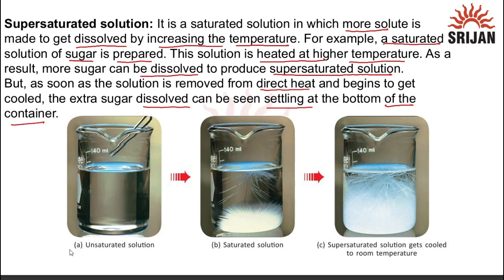You can see here the first example is of unsaturated solution in which the amount of solvent is more than the solute. Hence, we can see there are no solid solute particles visible. In saturated solution, at a given temperature, we dissolve the highest amount of a solute. That's why we can see some clear solid particles of solute.